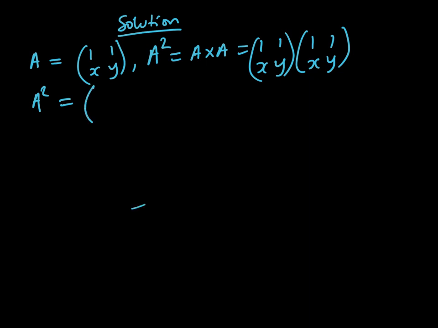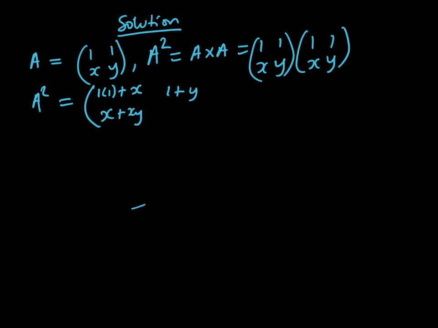Let's get it. 1 times 1 plus 1 times x, which is 1 plus x. Then we move: 1 times 1 is 1, plus 1 times y, which is 1 plus y. Then let's go down a row. x times 1 is x, plus y times x, which is xy.